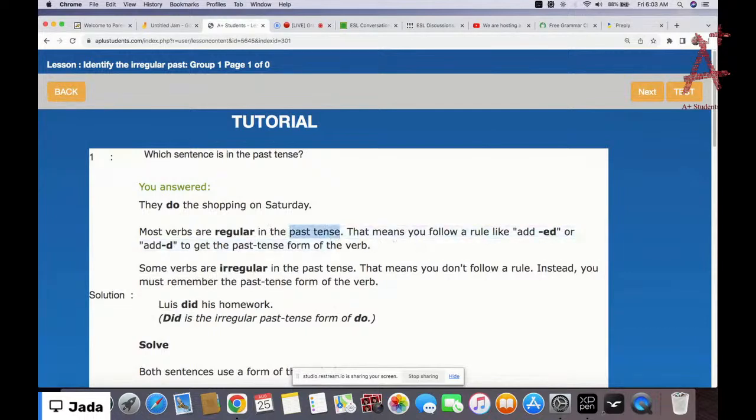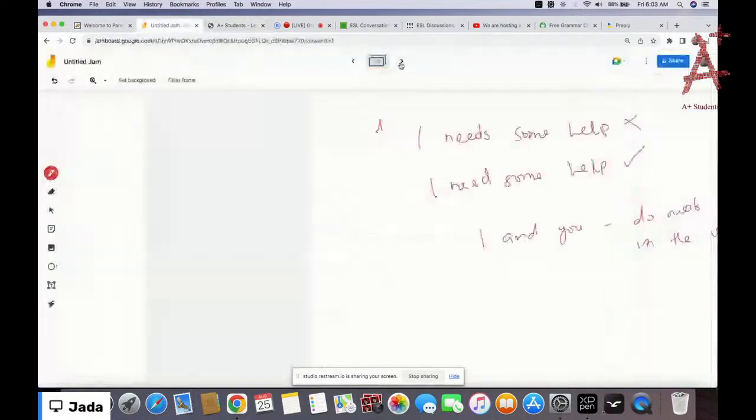That means you follow a rule like add ed or d to get the past tense form of the verb. And it's the normal way that we have.